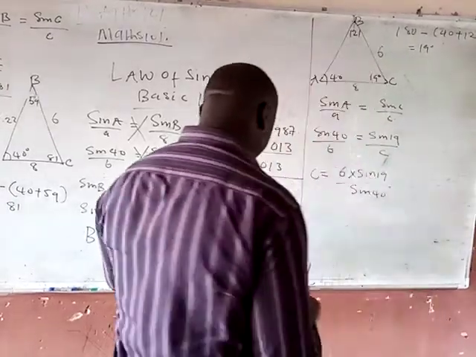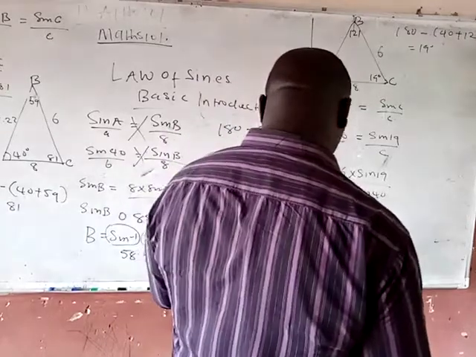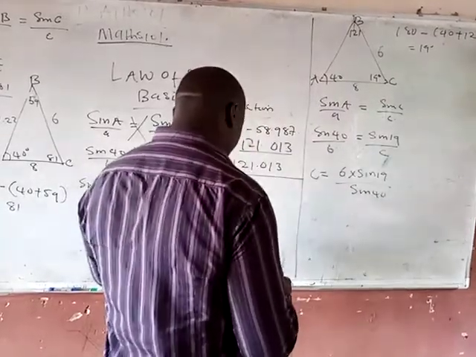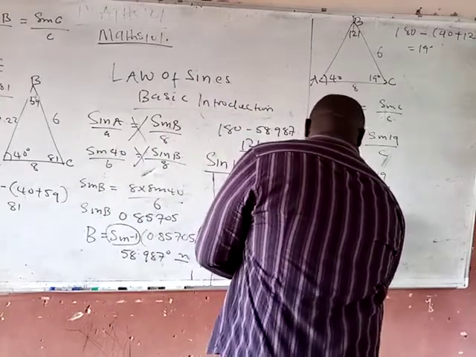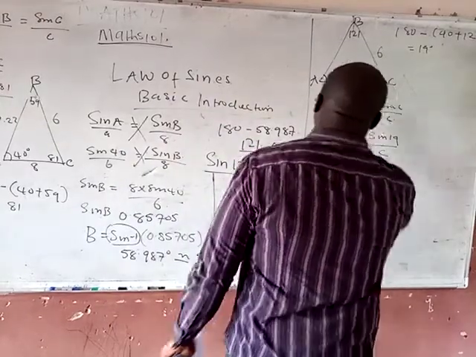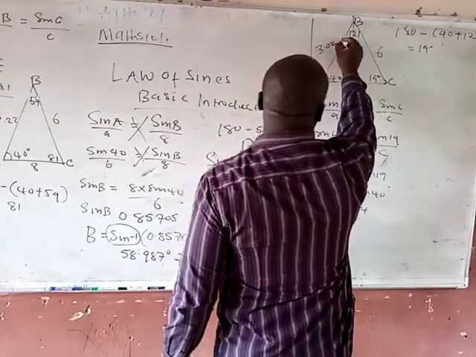If you punch it in your calculator, you're going to arrive at an answer that C is 3.04. Now come back and write it here, 3.04.